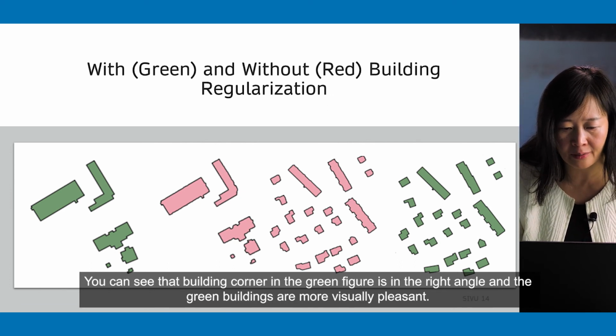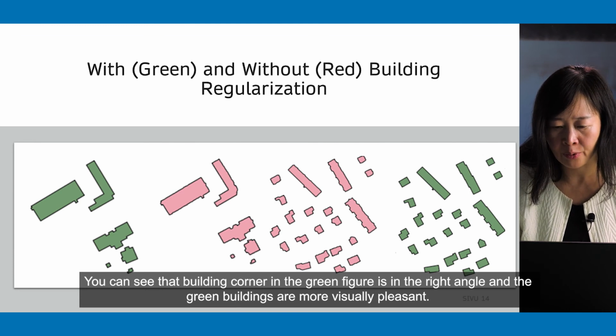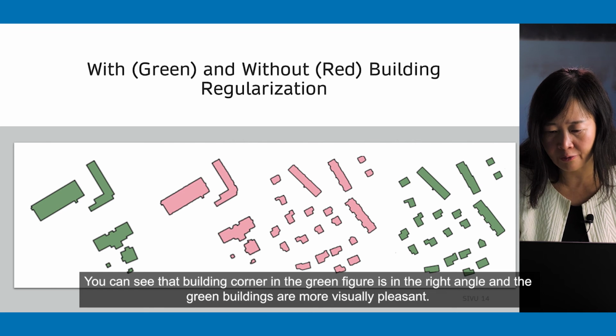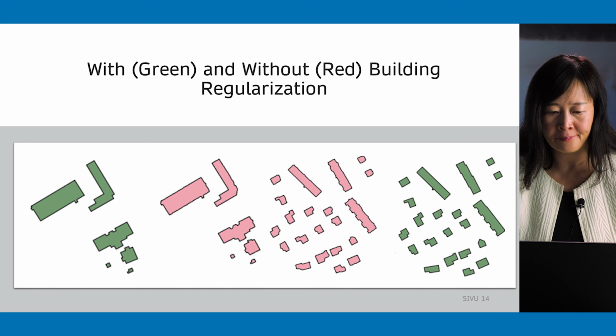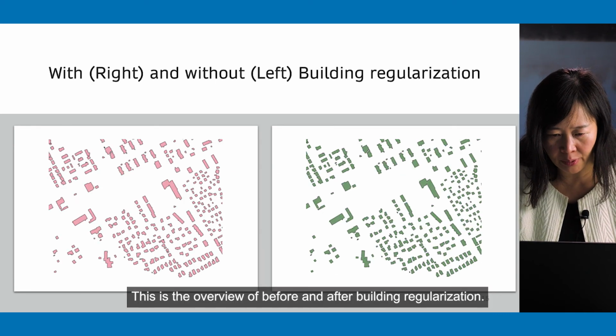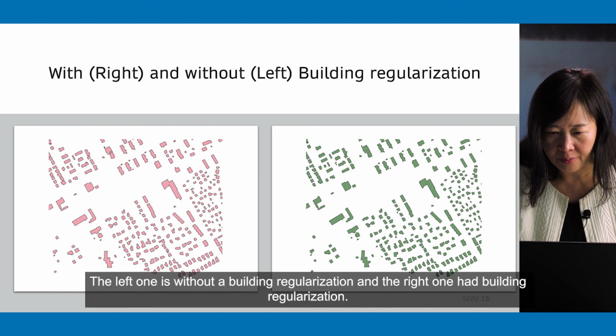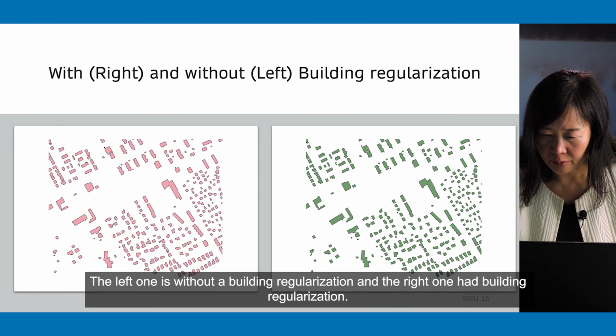So you can see that building corners in the green figure are at right angles, and the green buildings are more visually pleasant. This is the overview of before and after building regularization. The left one is without building regularization, and the right one has building regularization.